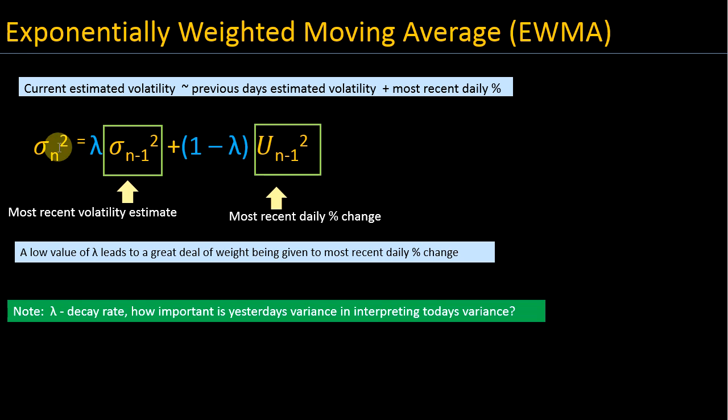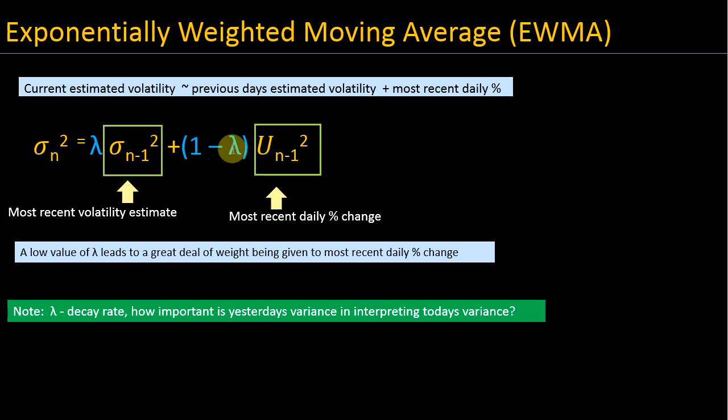One is your most recent volatility estimate, plus the most recent daily percentage change. In other words, if you're experiencing high volatility, you're applying some sort of weighting, in this case 1 minus lambda.